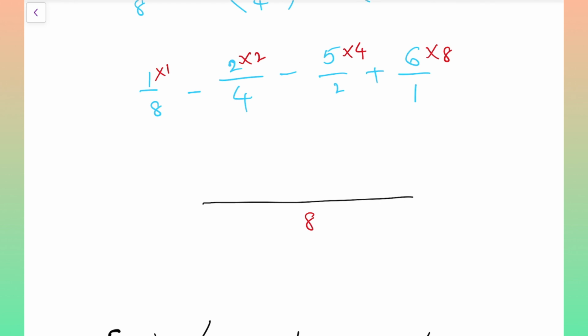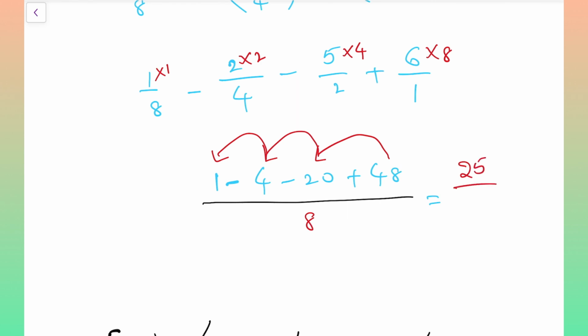So now if you multiply these all, 1 1s are 1, minus 2 2s are 4, minus 5 4s are 20, plus 8 6s are 48. So let us do this simplification now. 48 minus 20, 28. 28 minus 4, 24. 24 plus 1, 25. So the value is 25 divided by 8.